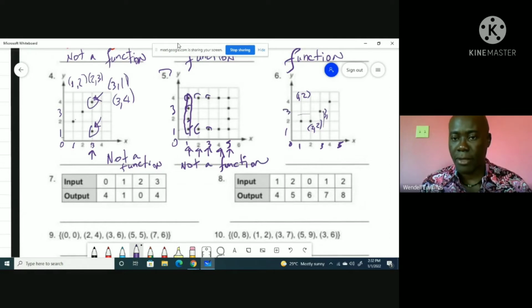There's a 3 here. There's a 1 there. And 4 here linked 4. Now, when we check out the values on our domain, all of these values here, they were only linking 1 value at a time, which means that it's a 1 going to 1. So yes, this is a function.